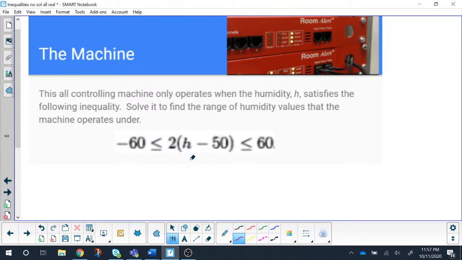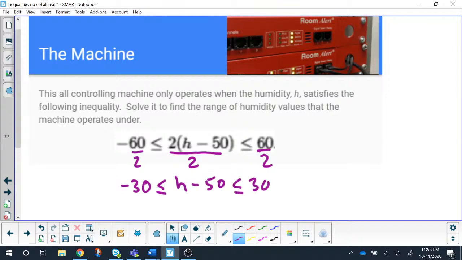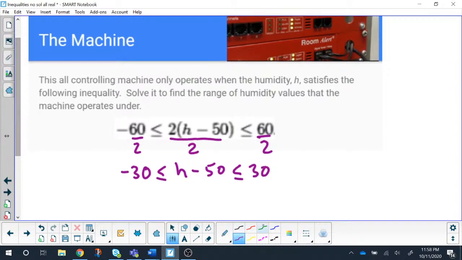One thing I might do is use the distributive property. Or I could notice that I could just divide everything by 2, and that doesn't really cause me any issues because negative 60 is even, and so I get negative 30 is less than or equal to H minus 50 is less than or equal to 30. And we're almost there.